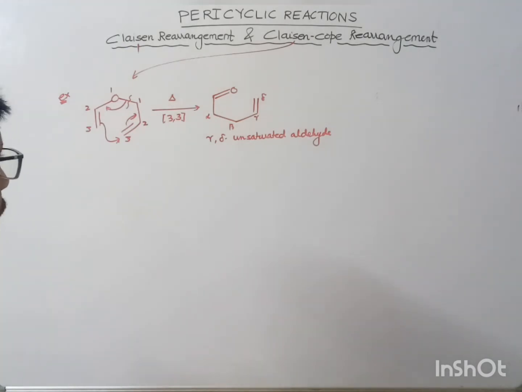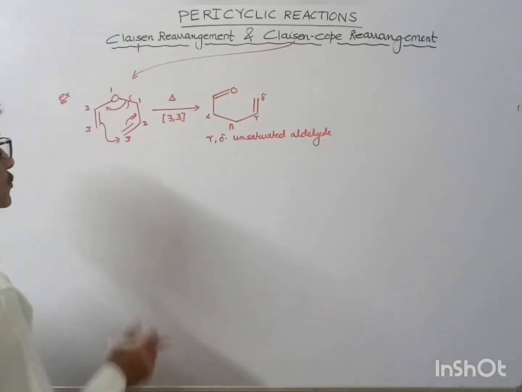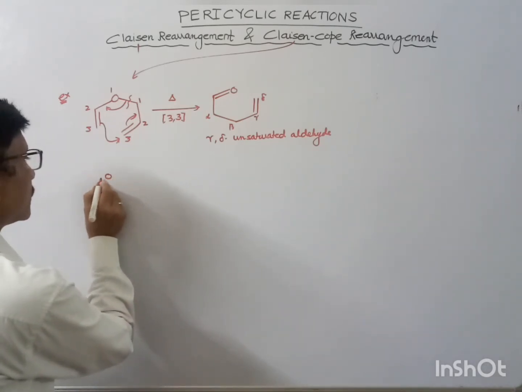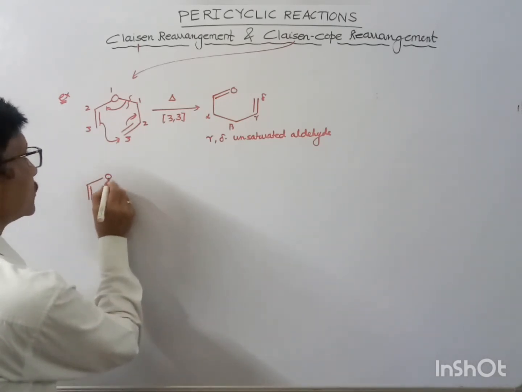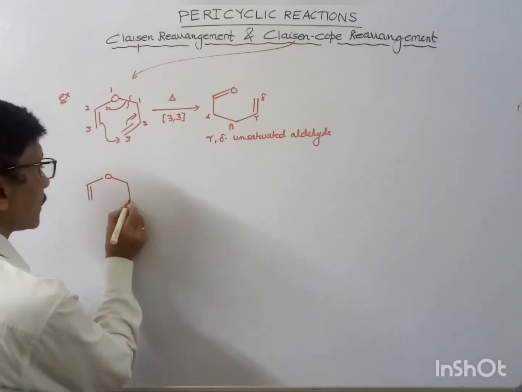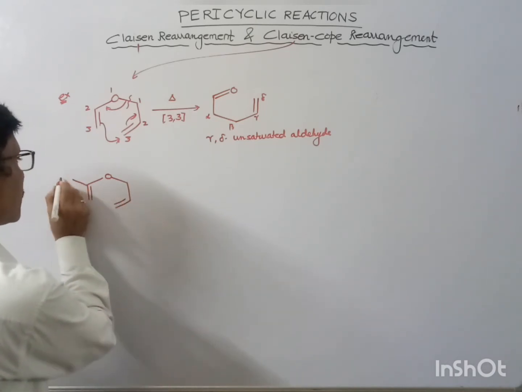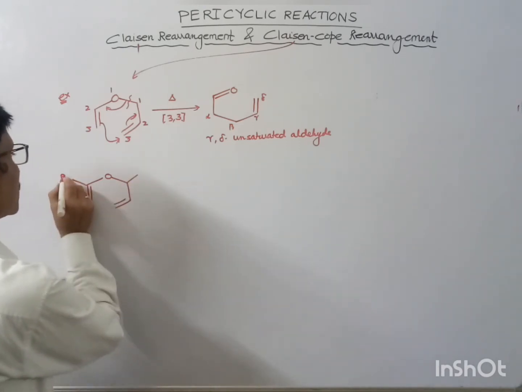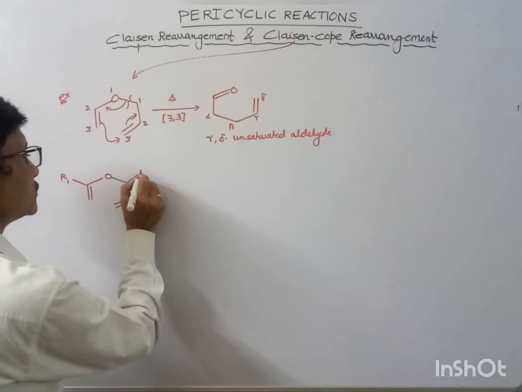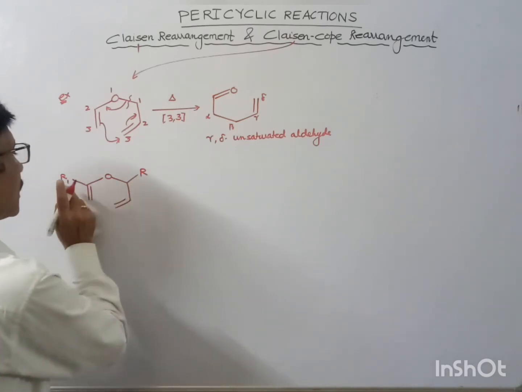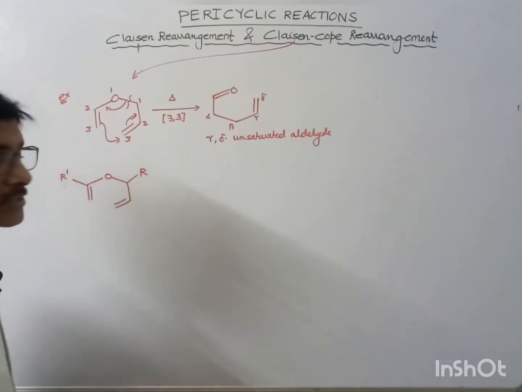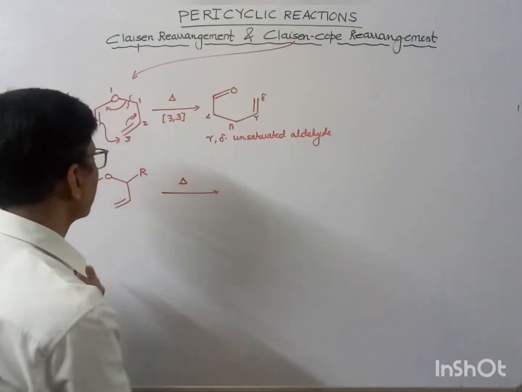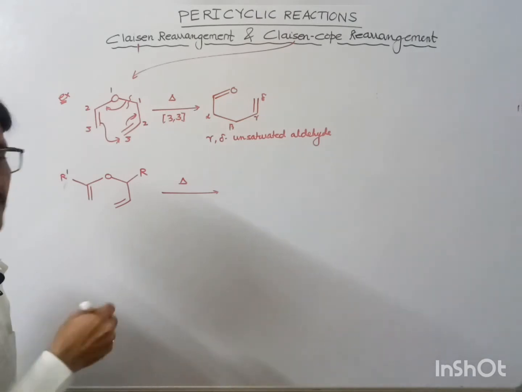Okay. So now suppose we have one of the groups present over here, and suppose this is our R, and this is R dash. Now under thermal conditions, we have various reactions.